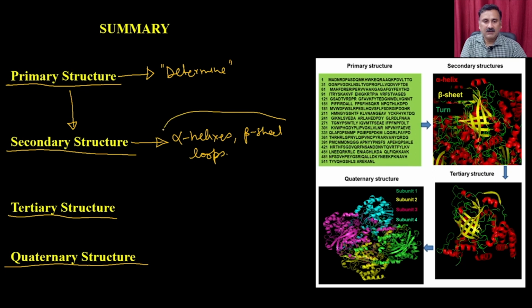I already suggested when we were discussing the secondary structure that you should go through some of the standard biochemistry books like Lehninger, White and White, or Stryer. So this is all about the different details of the protein structures and how you can use the different techniques to determine the protein structures. With this, I would like to conclude my lecture here. Thank you.